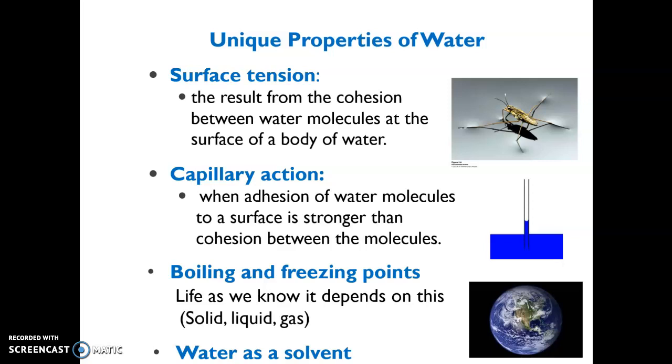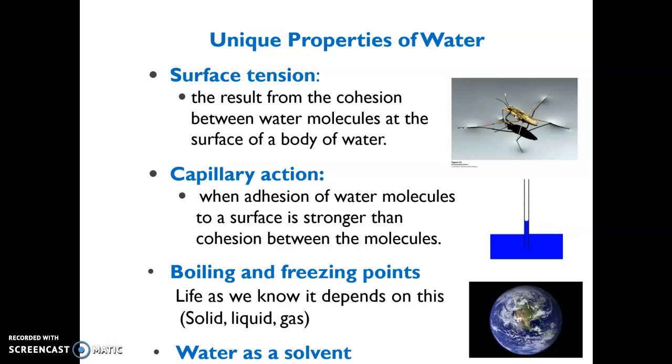The second of these two is the freezing point. So water freezes at 32 degrees Fahrenheit or 0 degrees C. And that freezing point is also important. And we'll talk a little more about what happens to water when it reaches its freezing point.